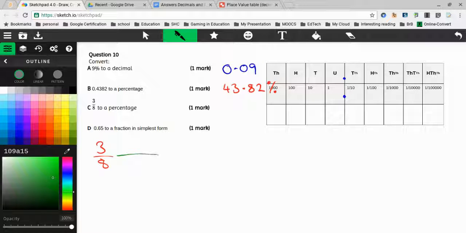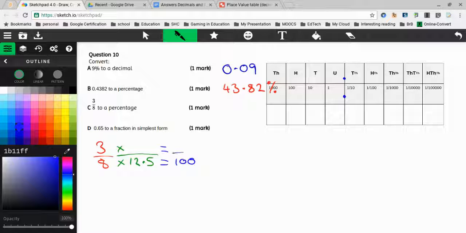And what we need to do is, whatever we do to the top, we need to do to the bottom. So I know that if I multiply 8 by 12.5, I'm going to come up with 100. So 8 times 12.5 equals 100.